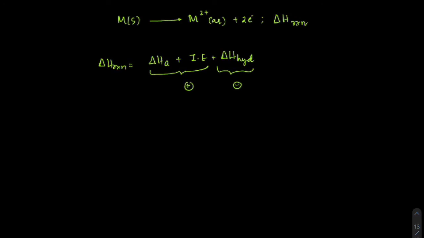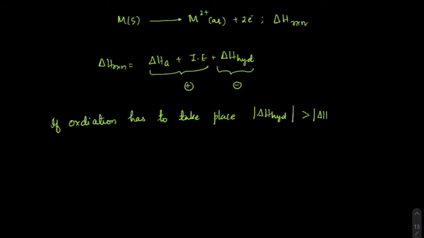So if oxidation has to take place, then the magnitude of delta H hydration must be greater than the magnitude of delta H atomization plus ionization. Then definitely we say the oxidation will take place.